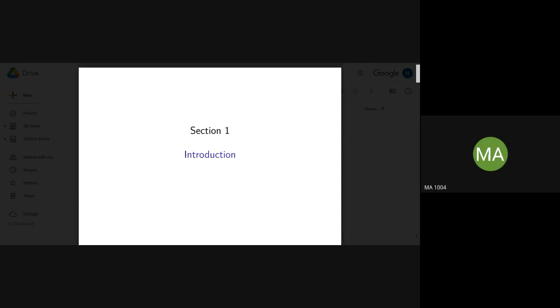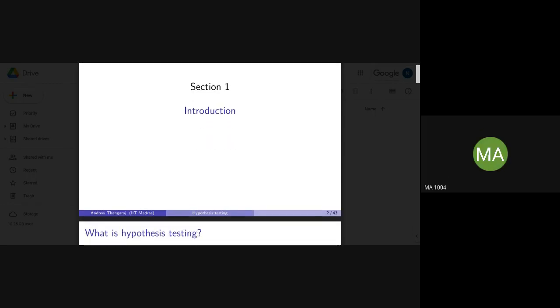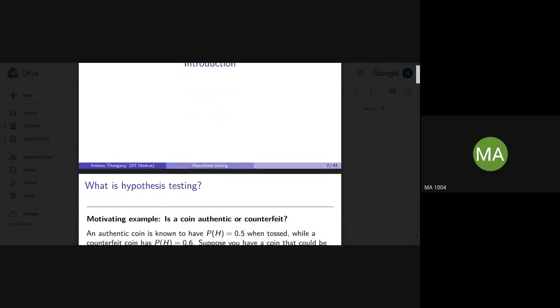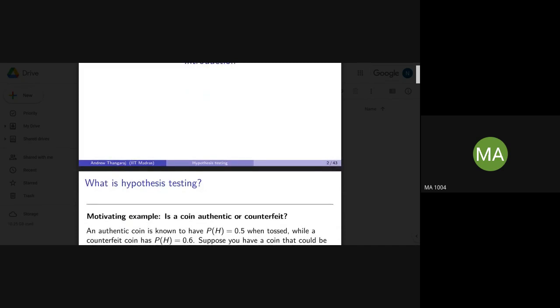All right, so let's start now. I'll just give a brief idea of what hypothesis testing is and what we are doing there. In an estimation problem, you have some unknown parameter and you want to estimate its value using some samples.